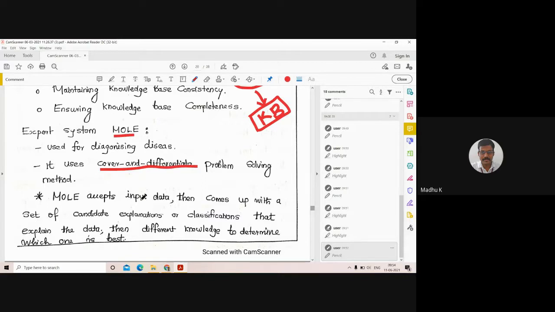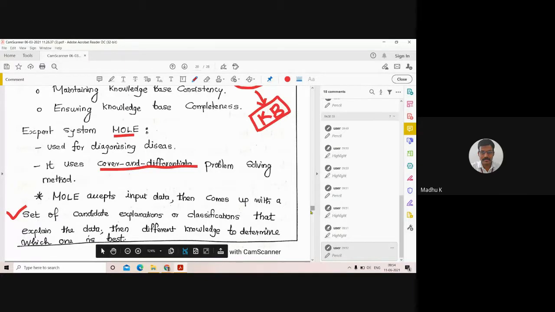Then how will MOLE work? MOLE accepts input data, then comes up with a set of candidate explanations or classifications that explain the data. Then it differentiates using knowledge to determine which one is the best. This is the approach used by MOLE.